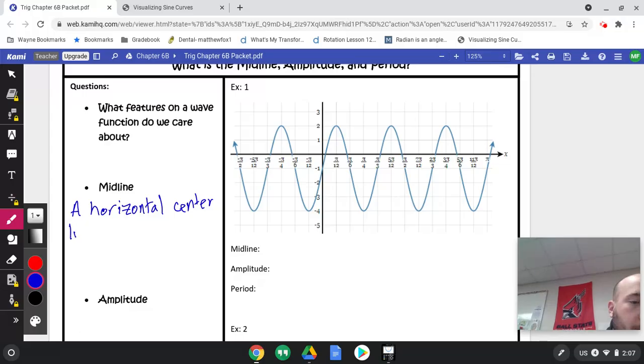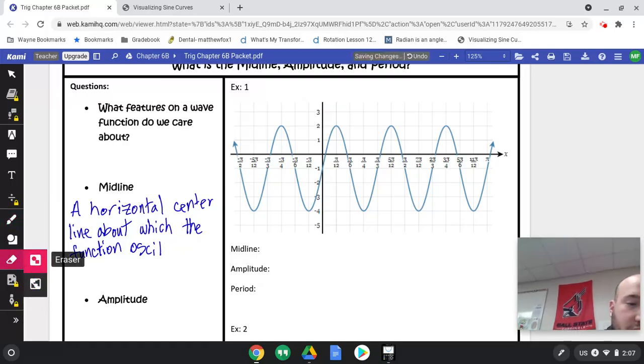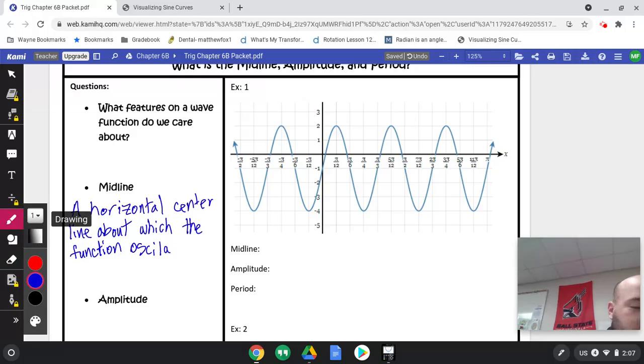And the function is going to oscillate above and below this line. If we go ahead, give me 1 second to finish this, and then I'll show you what I mean.